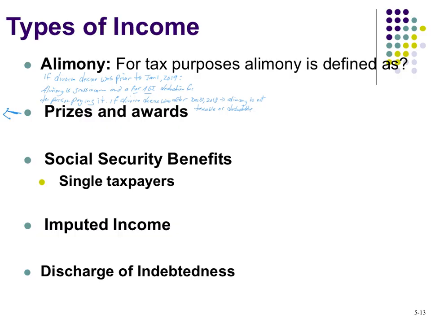That's included in my gross income. Okay. If I receive a best paper award that comes with it some type of a monetary payment, that also gets included in my gross income. Okay, so prizes and awards are included in your gross income.